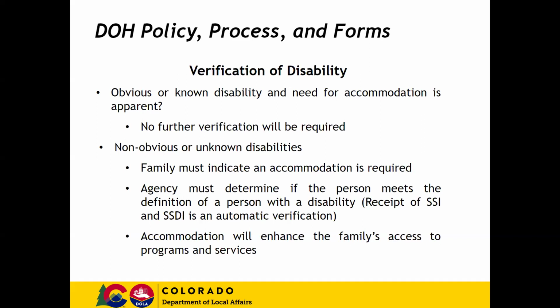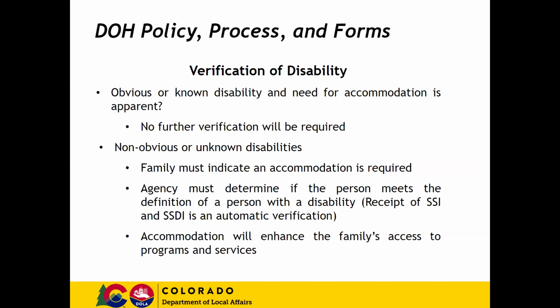So that means that we would have to know that a person is a person with a disability before we can move forward with the process. Sometimes this is obvious or a known disability, and the need for what they're asking for or the accommodation is apparent. If that's the case, we don't need to move forward with further verification.